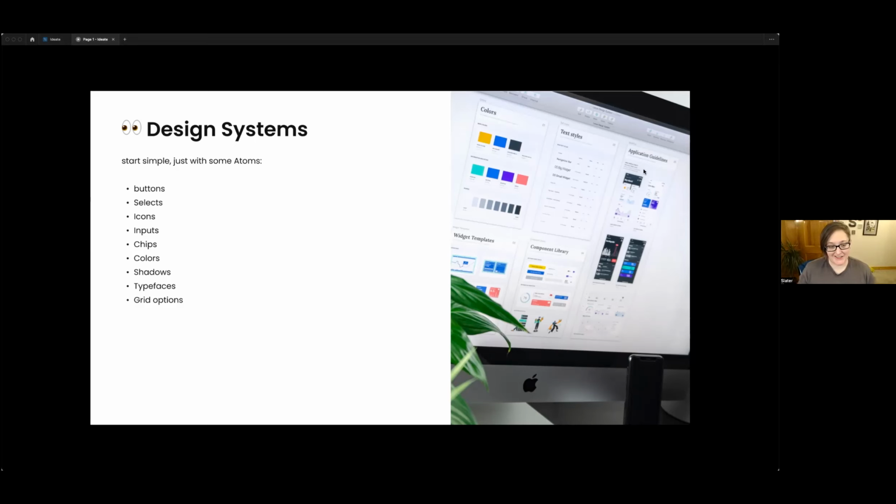Are the call to actions in the right place? Is the general layout of the page speaking to my user? Whereas hi-fi is like, is the data right? Do people understand that this dropdown actually opens? More minute details come from a hi-fi prototype, whereas broader concepts come from lo-fi prototypes.